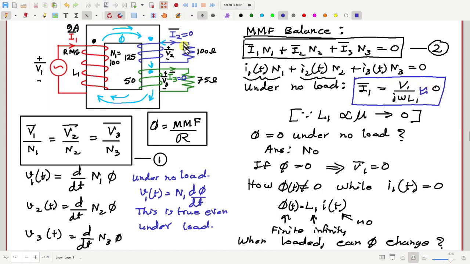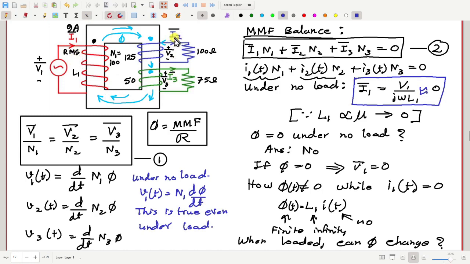So under no load, all currents are 0. Actually I1 is not exactly 0, but very small, so we take it as 0. Then when we connect this load, I2 is no longer 0, I3 is also no longer 0. Now I2 is flowing, I3 is flowing, and will I1 remain as before or can it change? We don't know. Let us see.